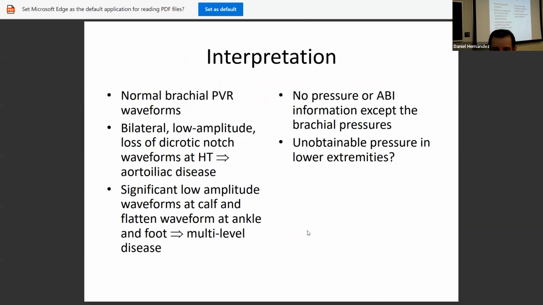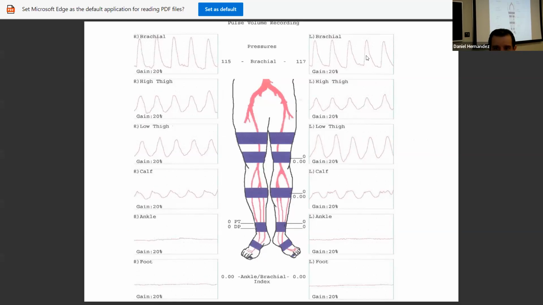The brachials are fine. Yeah, brachials are good. So they probably tried to insonate higher up to get those, or you could go to the popliteal and get the thighs. They have no blood flow from the ankles down. At the calf we were getting small waveforms, so why is it zero?